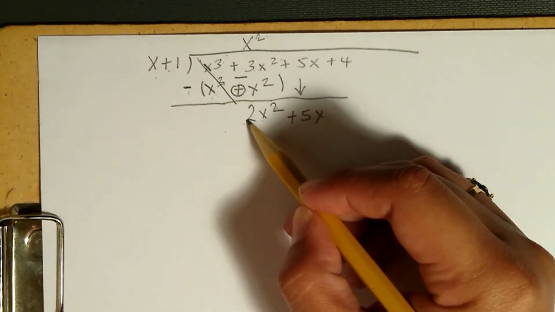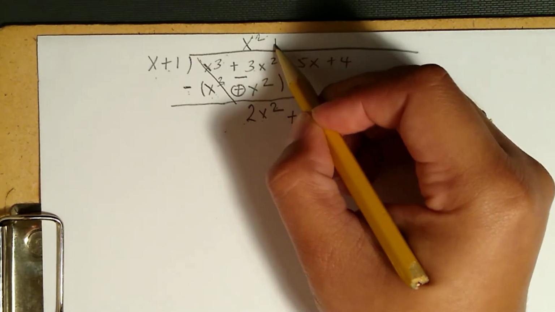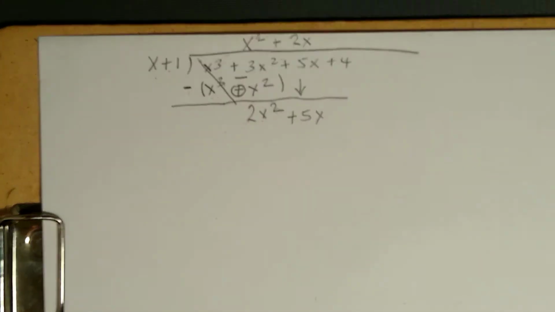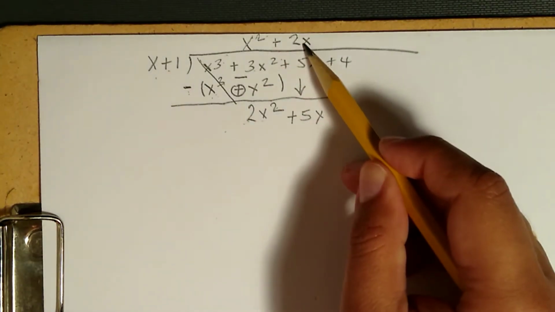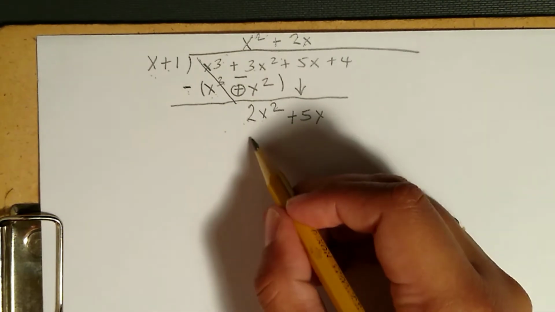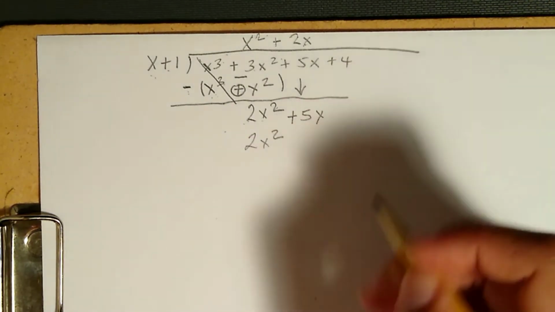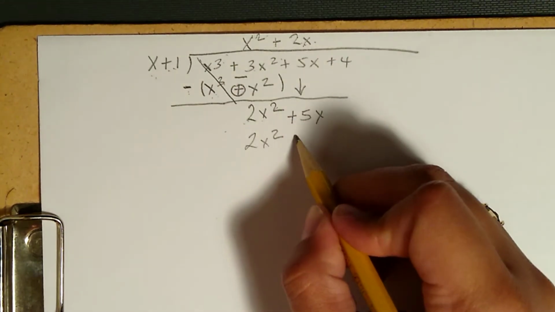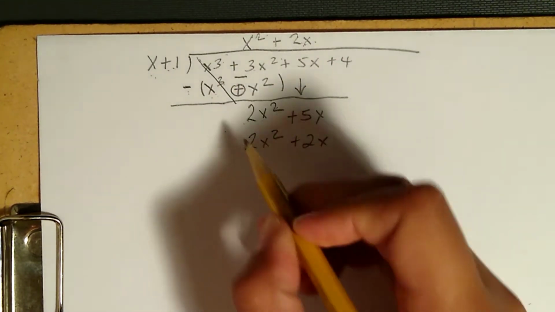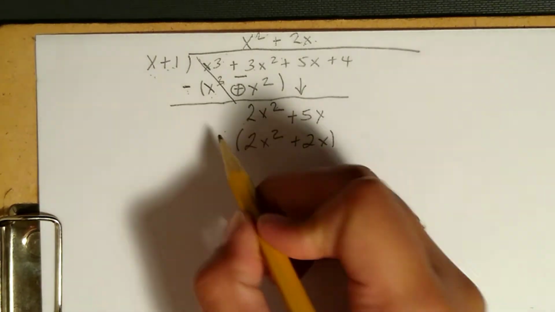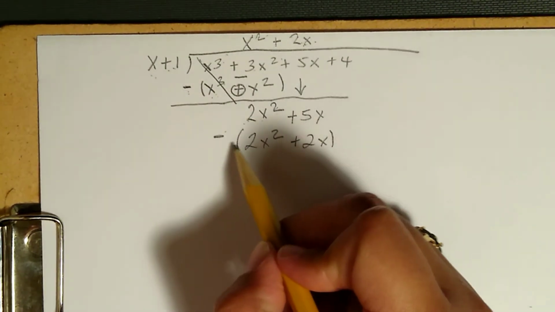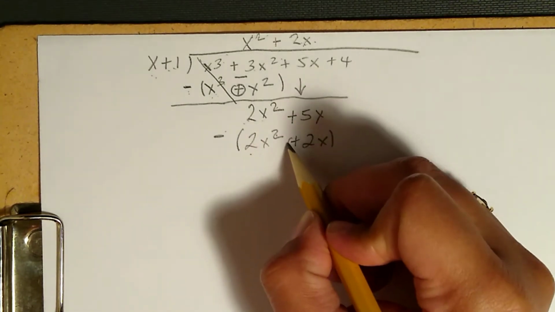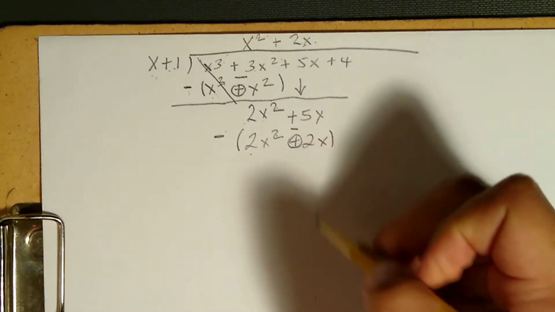So, we can use 2x. 2x times x will give you 2x squared. 2x times 1 will give you 2x. Parentheses, put the negative. This sign will turn into negative 2x squared. I always circle and change the sign.